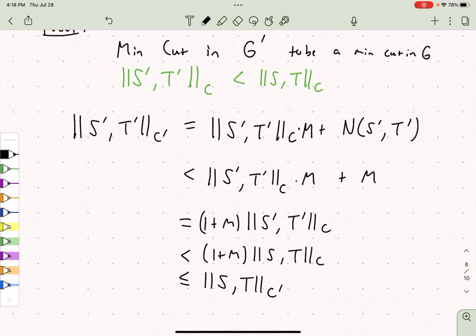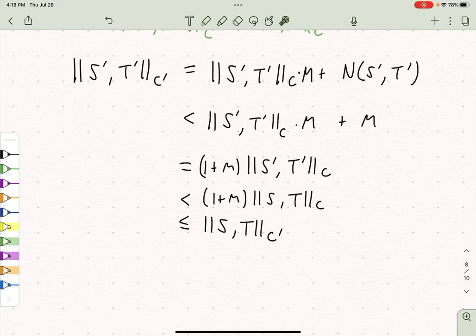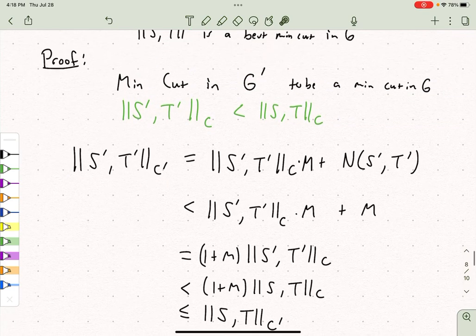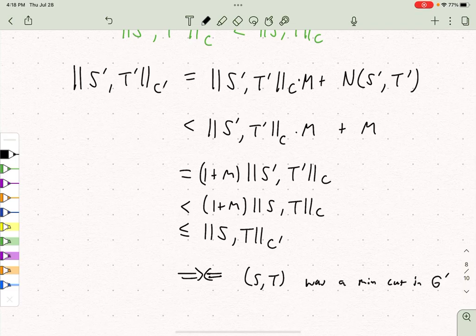So if this was true, notice that in our new graph G prime, this cut was a smaller cut. And so we have a contradiction because we're assuming in the graph G prime, this was a min cut. So this contradicts that ST was a min cut in G prime.